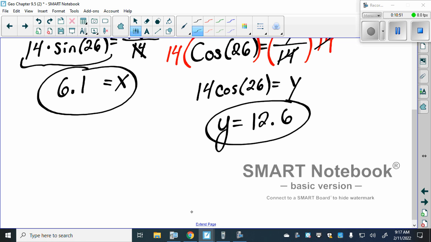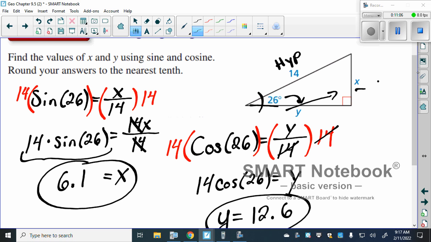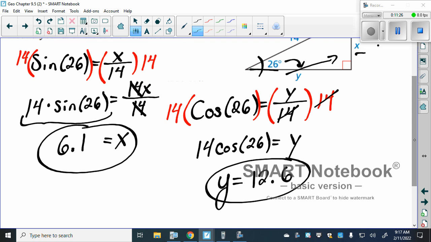Because radians are in terms of pi, not 0 to 360. For these here, all of our angles are given in degrees. If we were given it in radians, we need the calculator in radians. Because 90 degrees is pi over 2, and 360 is 2 pi. Any questions on how we found x and y for this here?